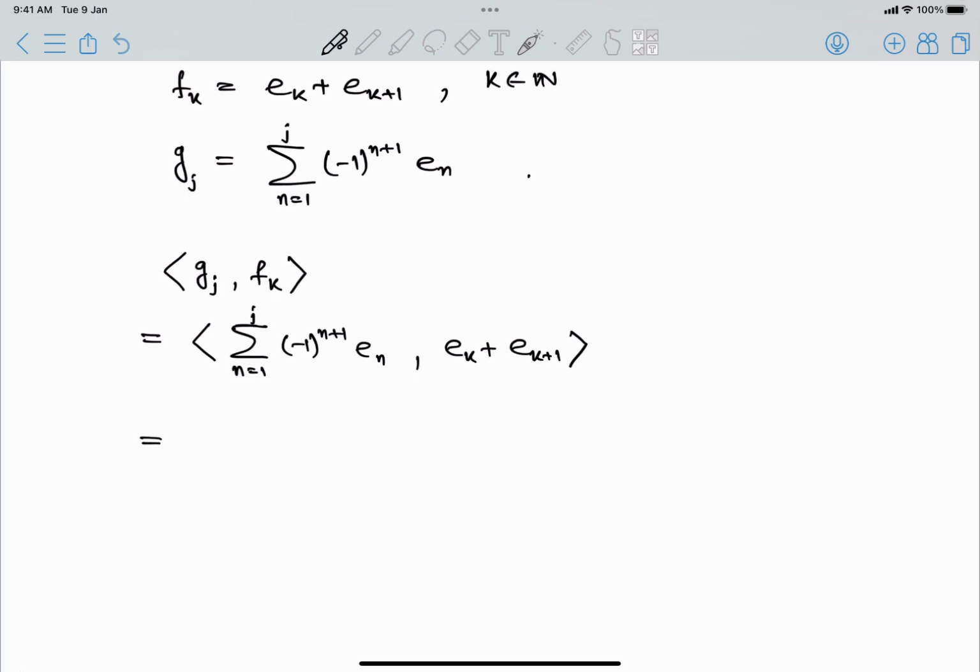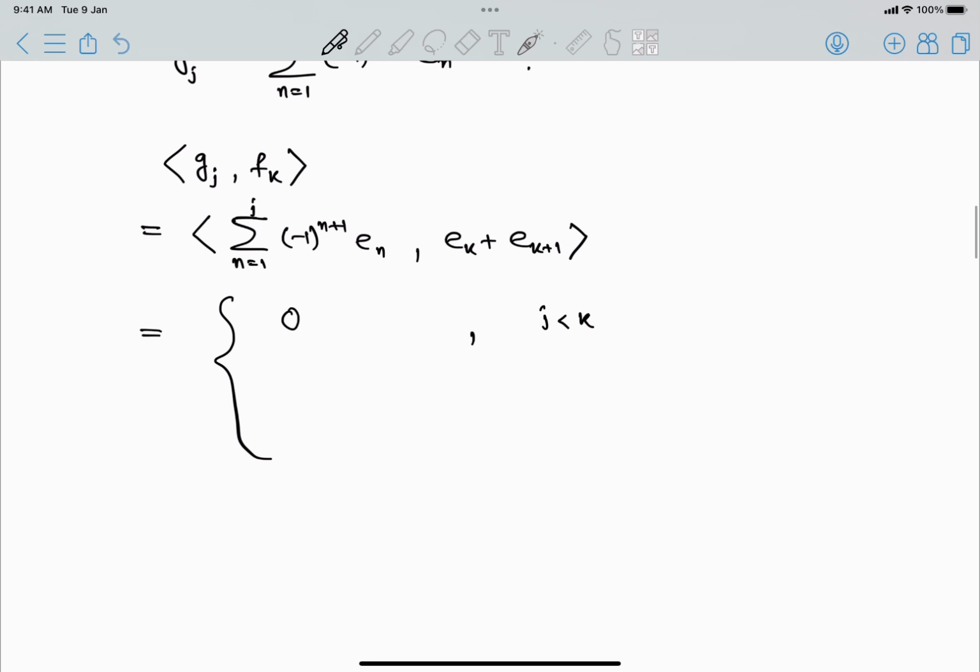So what will we get? Suppose j is strictly less than k. Then in this sum all the terms have index less than k, so if you take the inner product with e_k and e_{k+1} you will get 0. So you get 0 if j is strictly less than k.